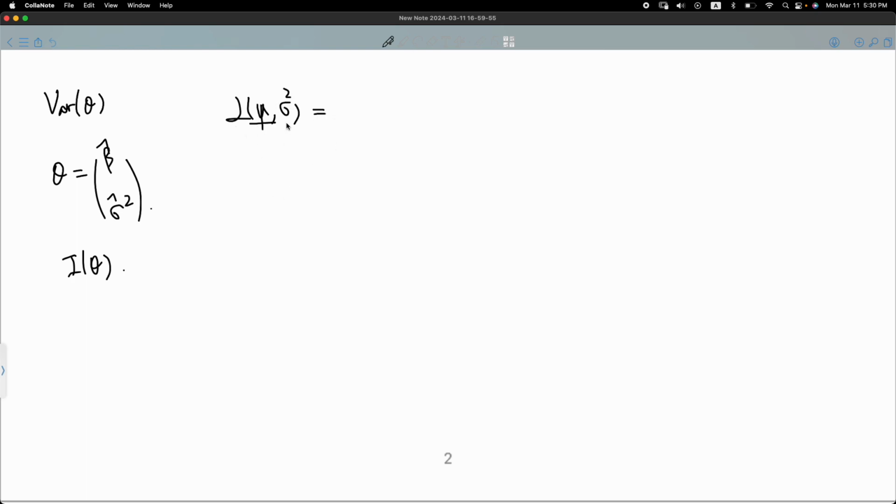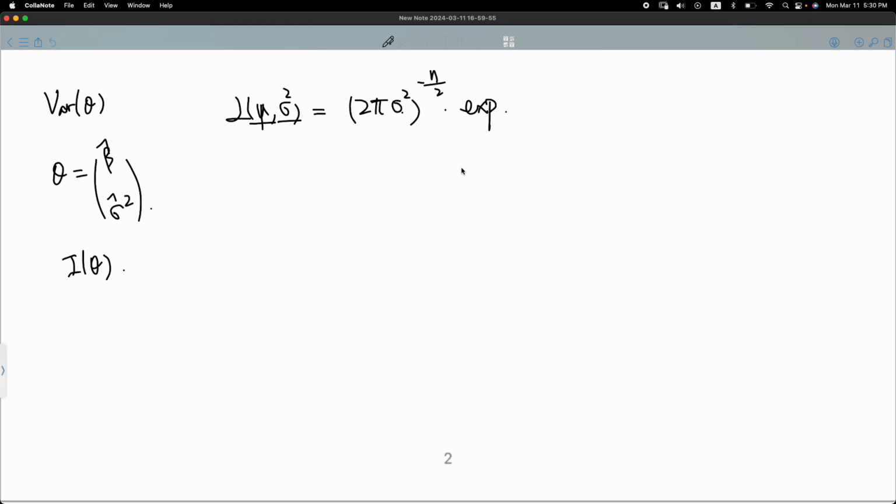This is a function of the parameters and it's going to be a normal distribution, with negative n over 2 and the identity, and the exponential.